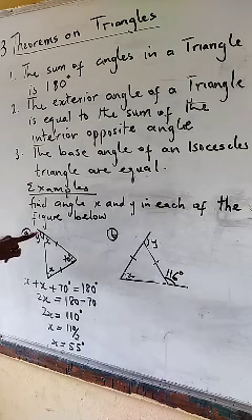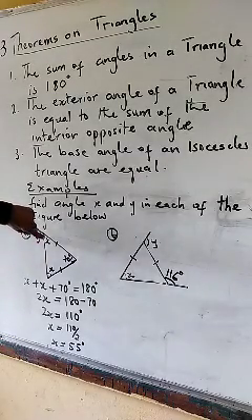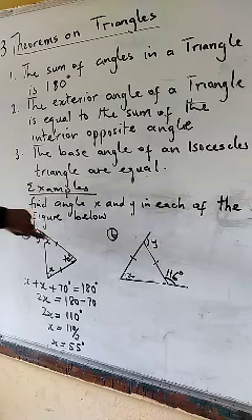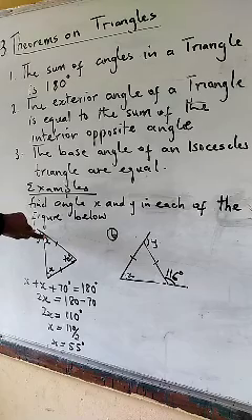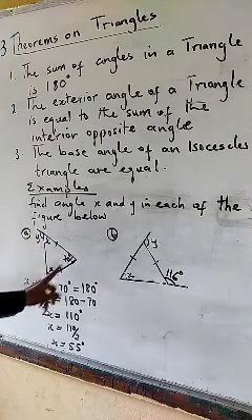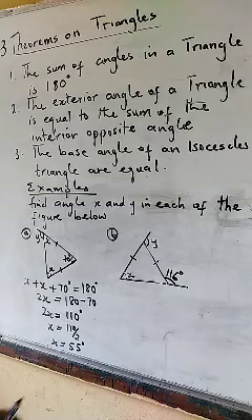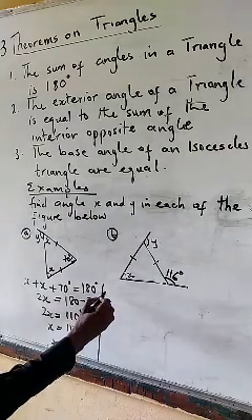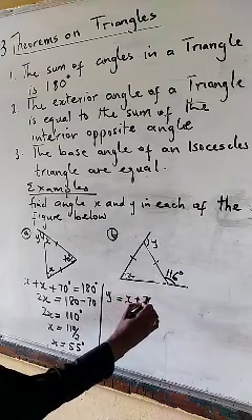Now the y is the angle outside, the exterior angle. The interior is the other side here, which is inside. Interior is inside, exterior is outside. We are not concerned with this interior. We are concerned with the other two angles of the triangle, which are the opposites, here and here. Anytime you sum these two together, it is always equal to the exterior angle. That shows that our y equals x plus 70.